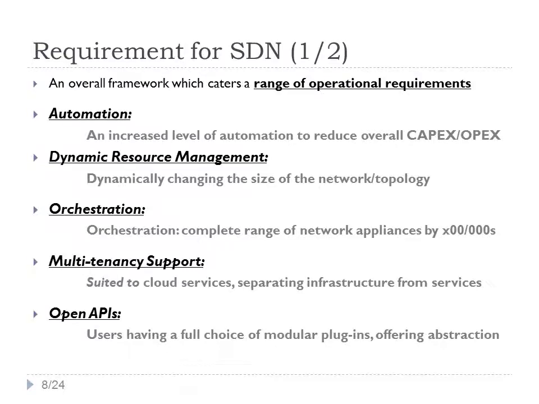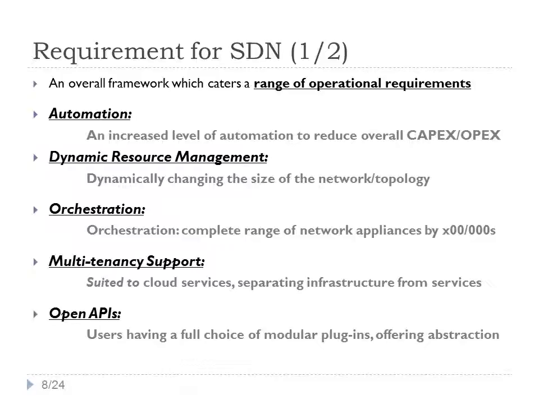So what led to the basic, despite having all of these technologies within the domain of centralized network control, programmability, and virtualization, we need to look at some of the requirements which were being dealt with individually and the requirement for an overall framework which caters to a range of operational needs of modern organizations.